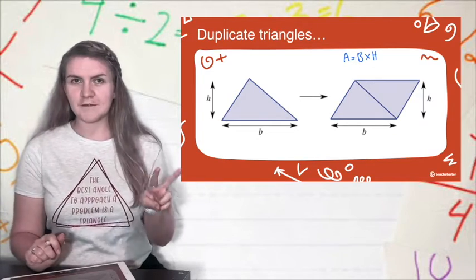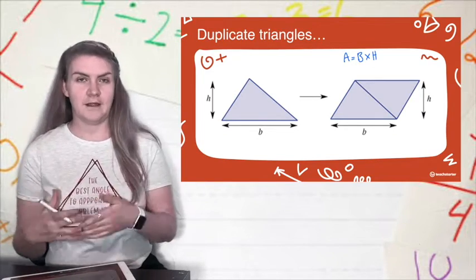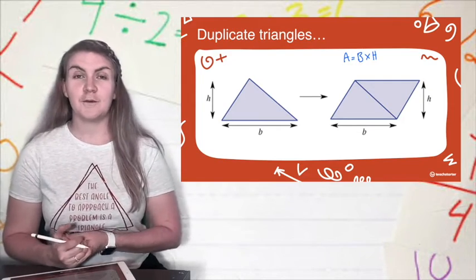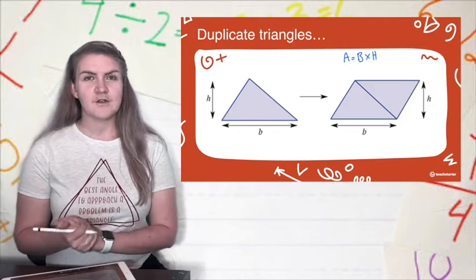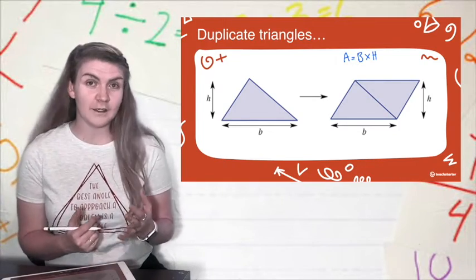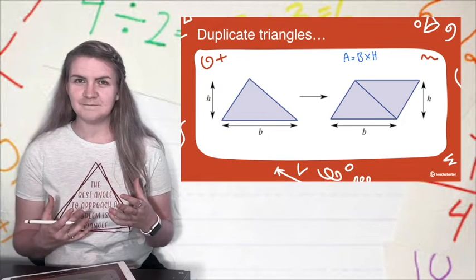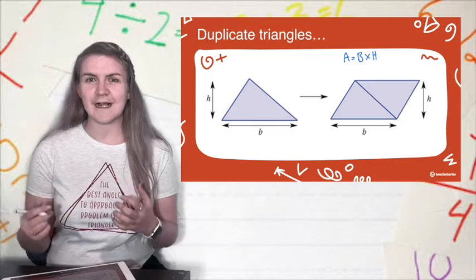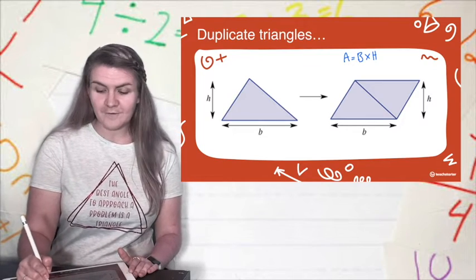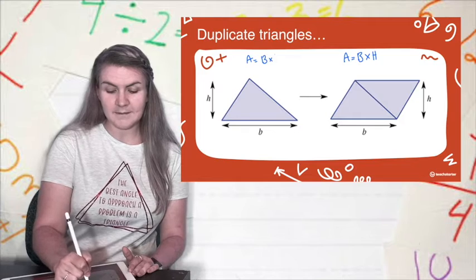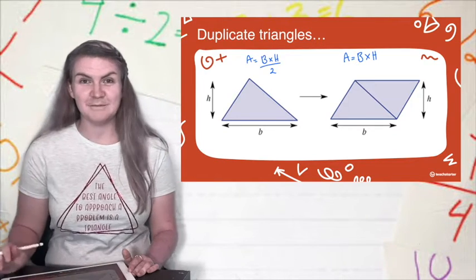So two triangles put together would have the formula area equals base times height. But we only want to know the formula for one triangle. So if I've got two of something and I need to split it into groups of one, what would I do? If you said divide by 2 or times by a half, you're exactly correct. So the formula for our triangle is going to be area equals base times height divided by 2.